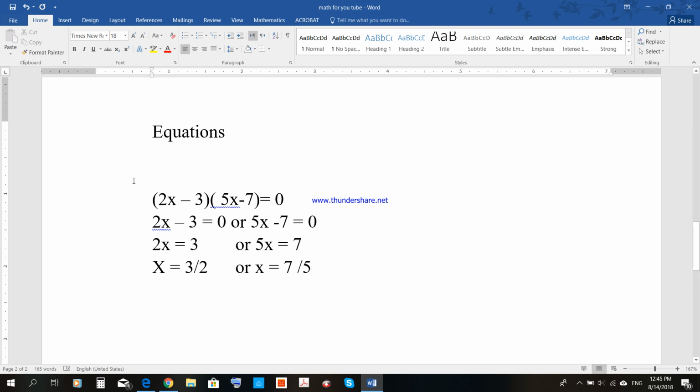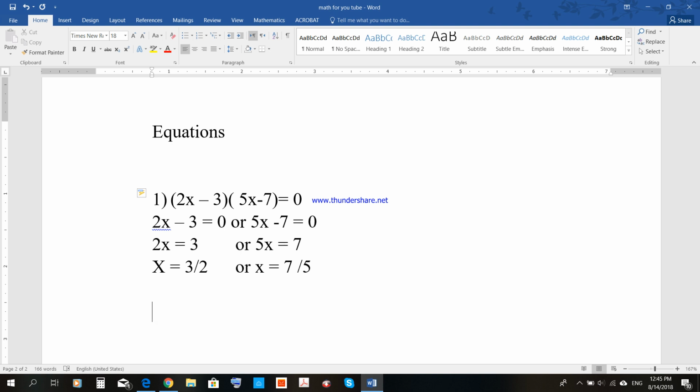These are the examples about equations. Now in equations, sometimes they ask us to do factorization first.